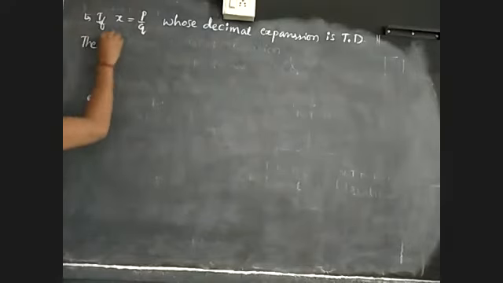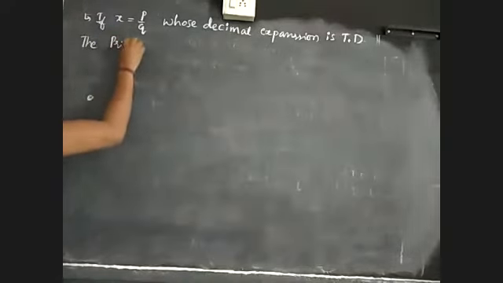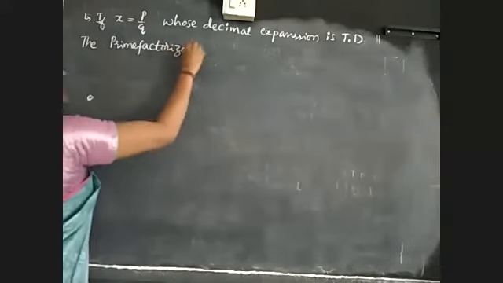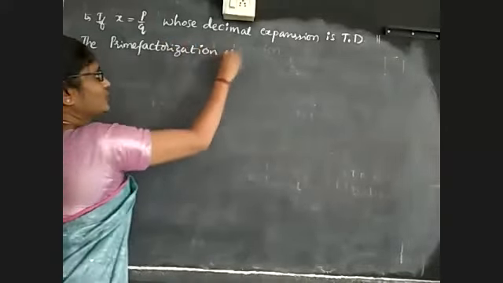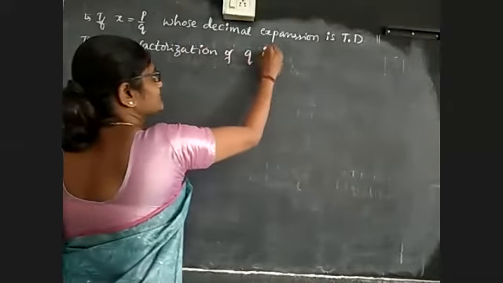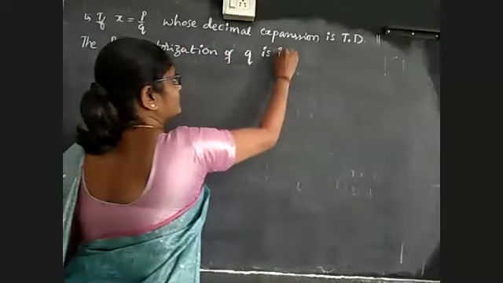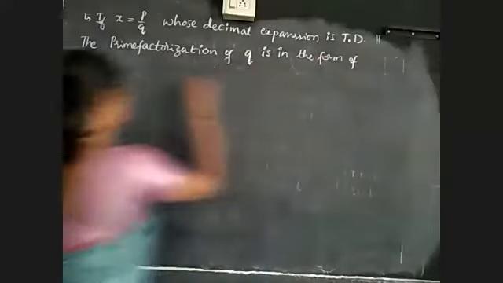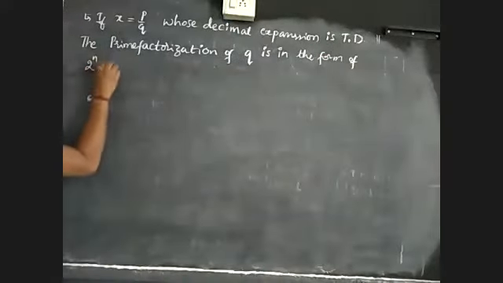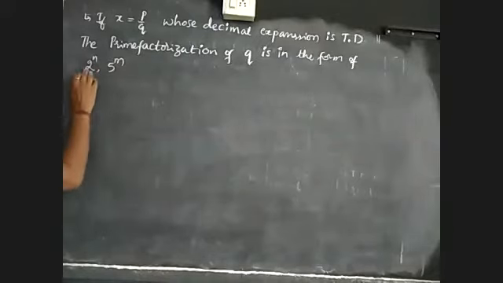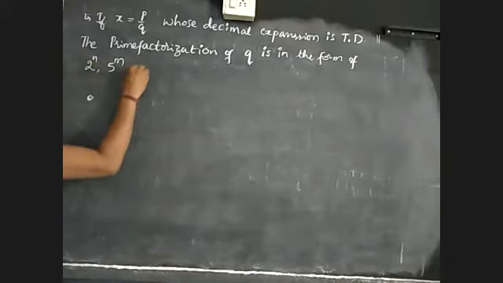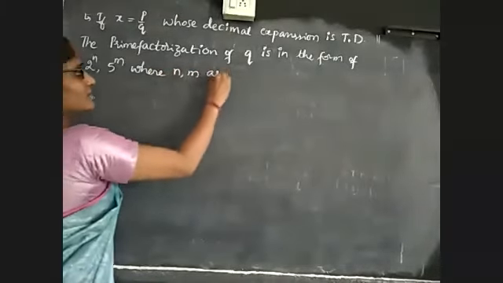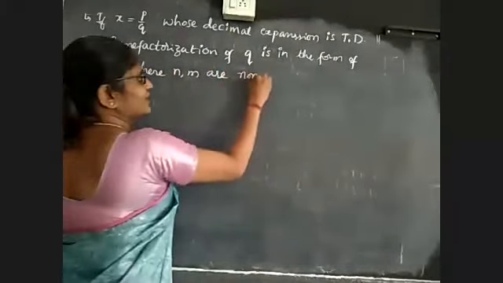The prime factorization of q is in the form of 2 power n, 5 power m, where n and m are both non-negative integers.